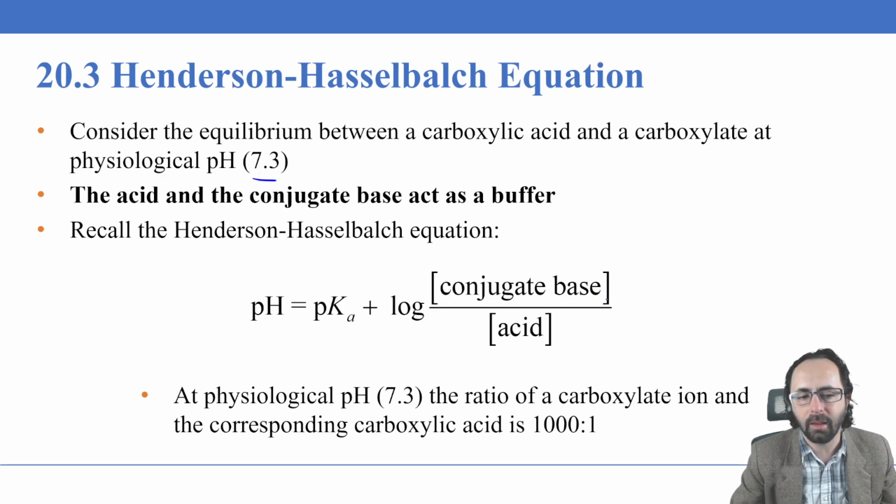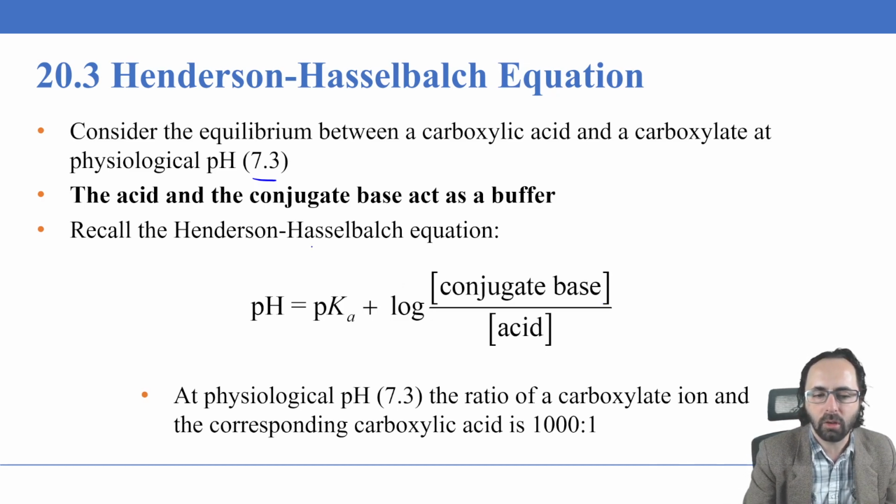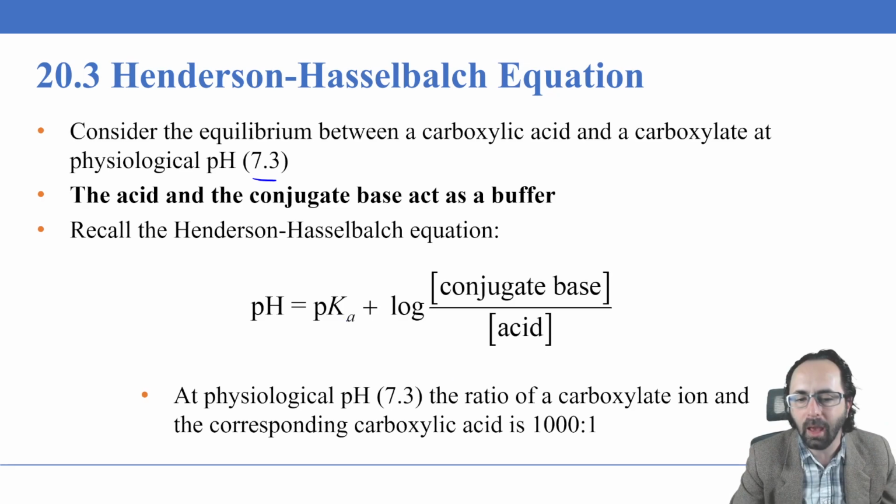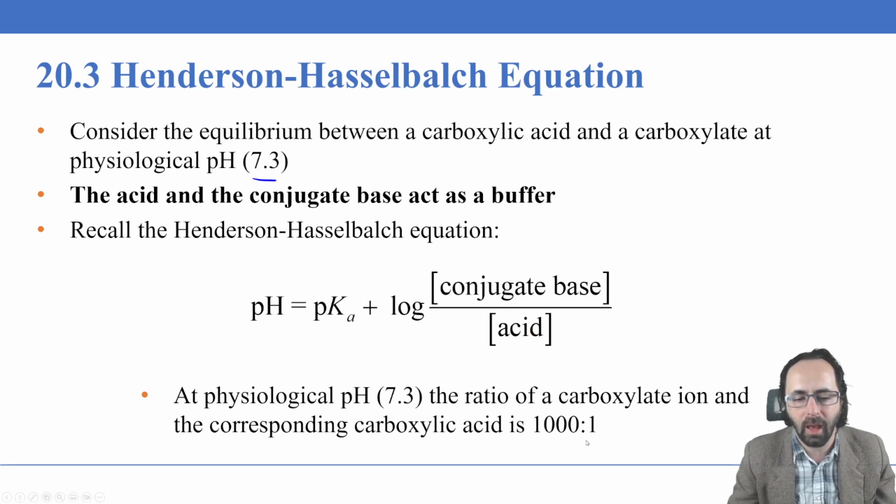And what that says is that if we have an acid in water and an equilibrium between the acid and its conjugate base, the pH of the solution is going to be the pKa of the acid plus the log of the concentration of the conjugate base over the concentration of the acid.